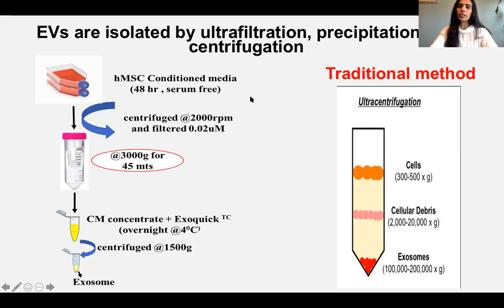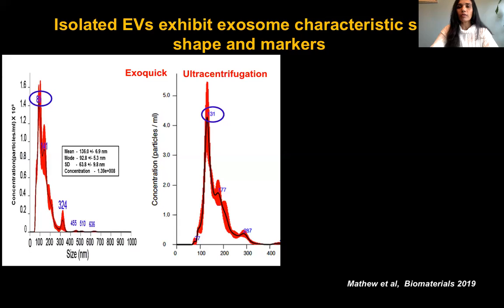We used a commercially available exosome reagent, coupled with our standardized methods of filtration and centrifugation. Our yield was very good, and the particles we isolated definitely have the characteristics of exosomes, which you'll see in a minute. So this is the characterization of the exosomes.